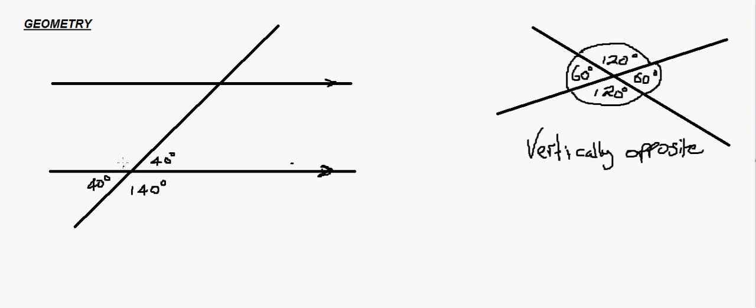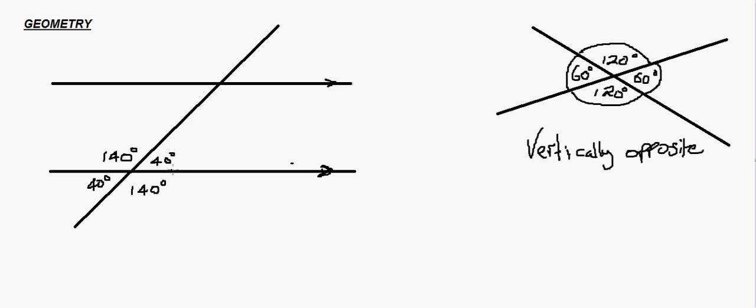Now because opposite angles are equal, this also will be 140 degrees. Okay, which also proves that this line is straight, because 140 plus 40 is 180 degrees, which is the straight line.